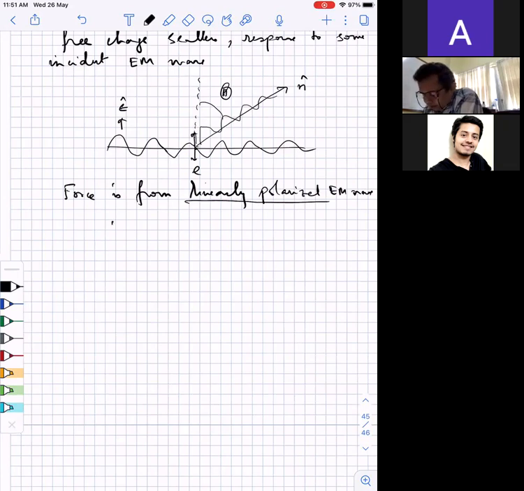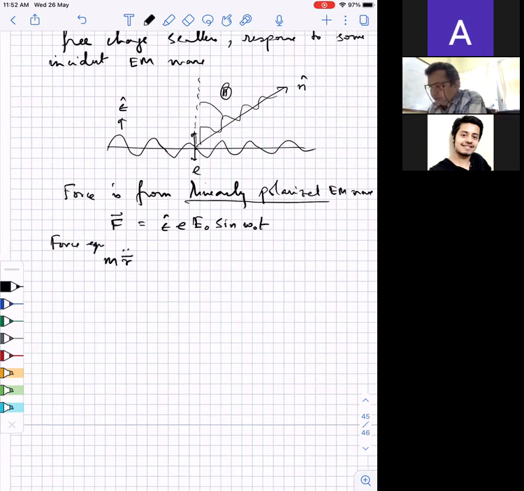So you have a polarization, epsilon, and then E_0, not T. And so I can write down the force equation over here very simply. I can write down m r double dot is equal to.